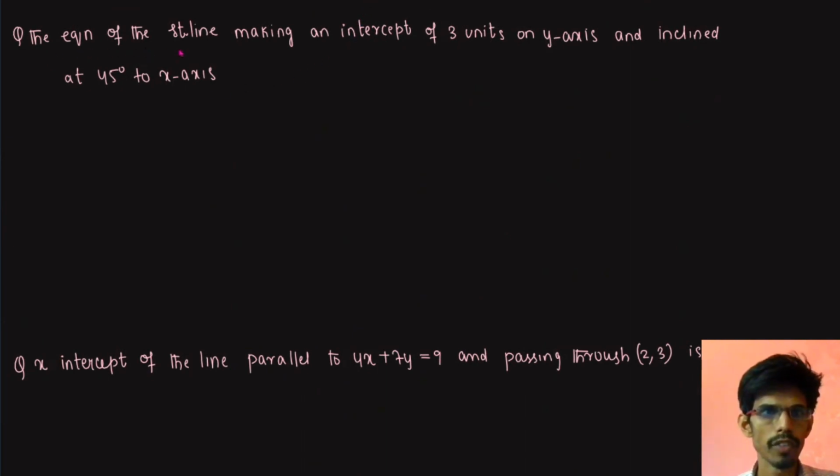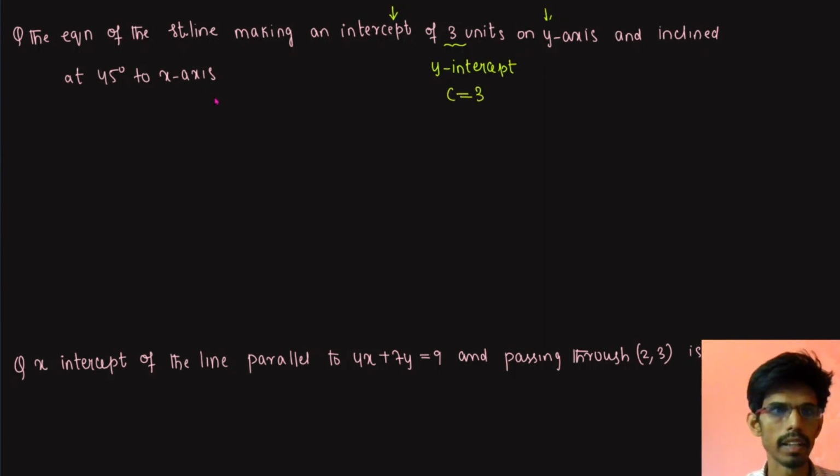The equation of the straight line making an intercept of 3 units on the y-axis and inclined at 45 degrees to the x-axis. So it is asking about the intercept on the y-axis, which means this value is the y-intercept. The y-intercept is nothing but, let us take it as c equal to 3.